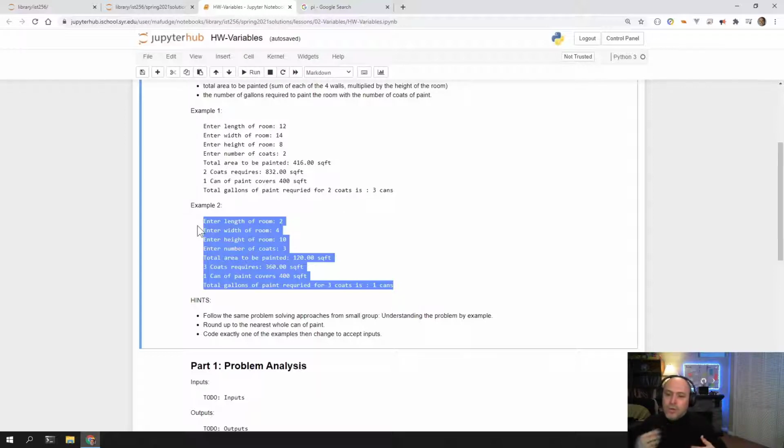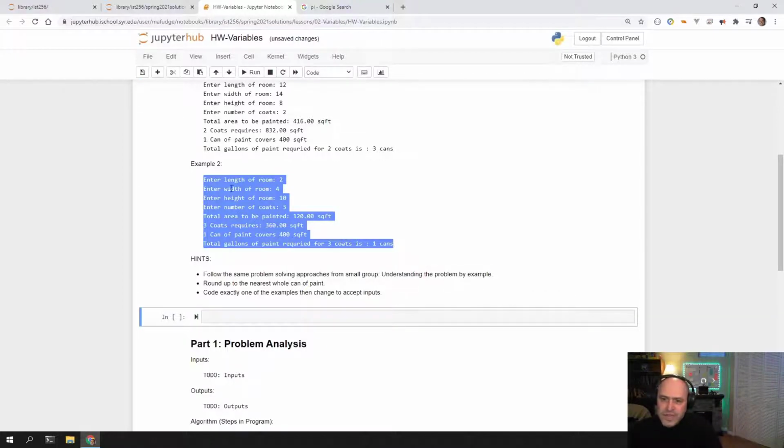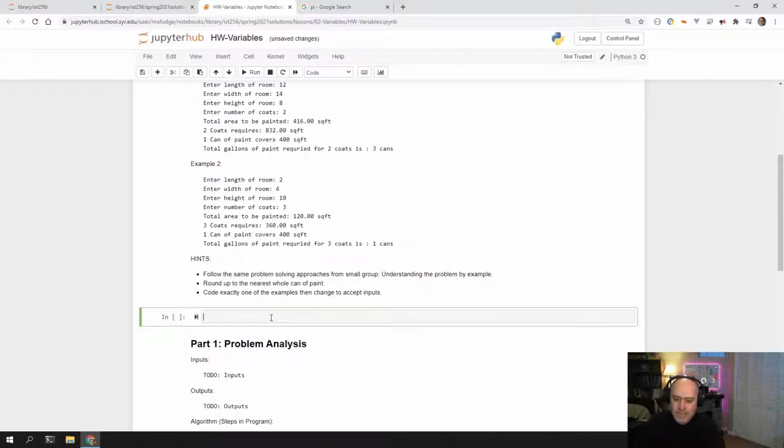Okay, so let's do that. Our first piece of advice for this particular homework assignment is think about coding it by example. So I'm going to just add a cell here so that you can see what we're talking about. So it says length of room 2. I'm going to just code it again by example. Length 2.